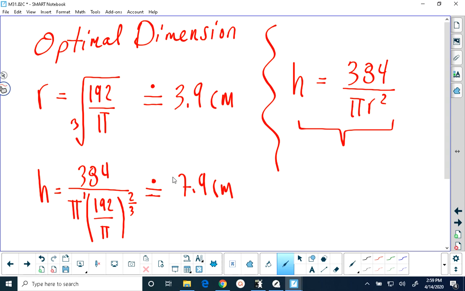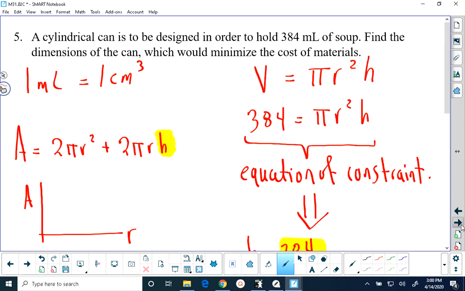If I told you that the top and the bottom of the can cost, I'm just going to make up a number, 5 times as much to manufacture per square centimeter as the side, then all you would do is rewrite this, and you would maybe write something like area in relation to cost would be 5 multiplied by 2 pi r squared plus 2 pi r h.